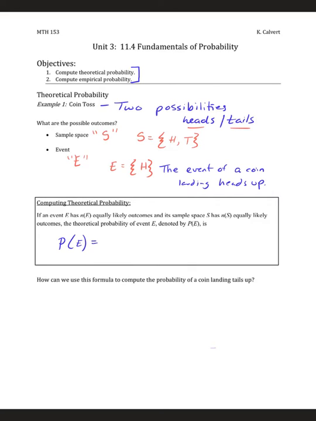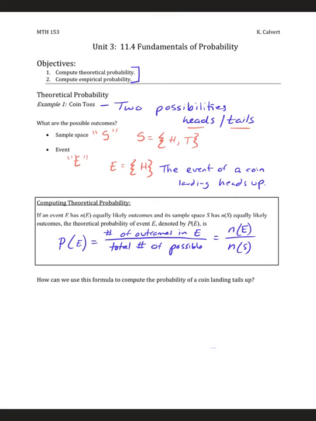And the way we want to compute this probability is we want to find out the number of outcomes in event E. And we're going to divide that by the total number of possible outcomes. So this is going to look like the number in our event divided by the number in the sample space.